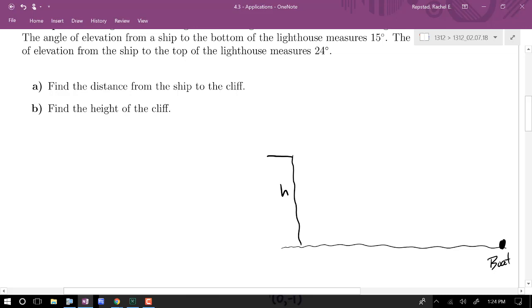Now there's also a lighthouse that is 50 meters tall. So there's my lighthouse. We know that's 50 meters.